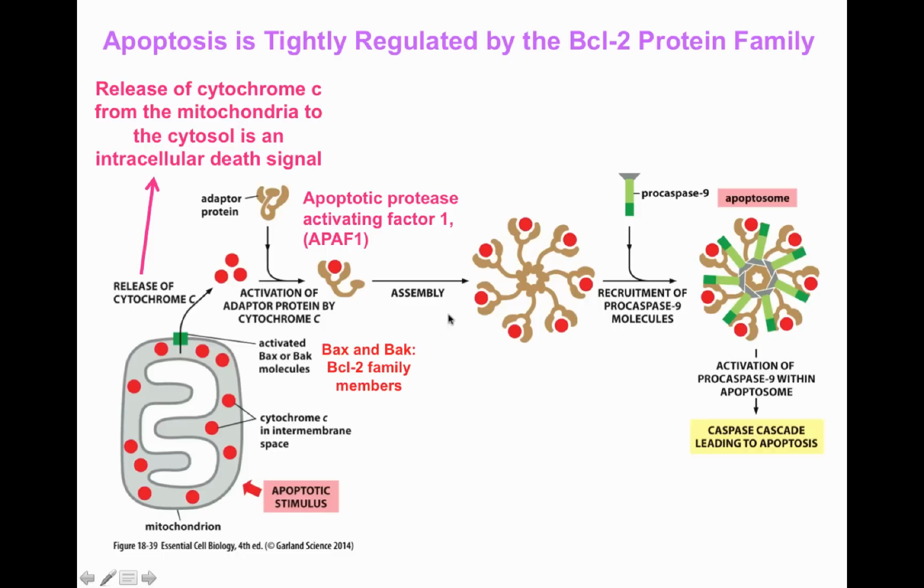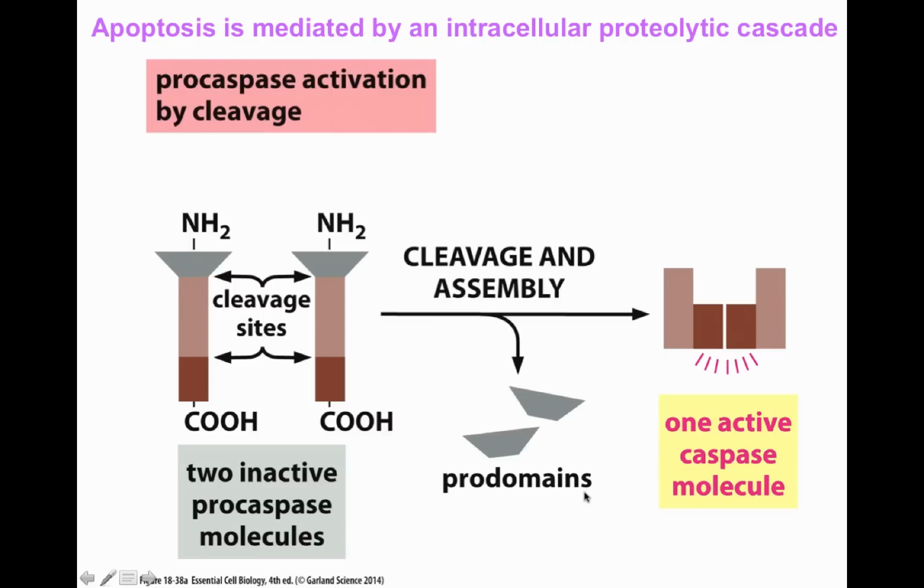So the APAF-cytochrome C complex forming this subunit is going to recruit procaspase 9. Procaspase 9 is going to be recruited and eventually activated, forming what is called the apoptosome. The apoptosome is now able to release caspase activation that is going to lead to apoptosis.